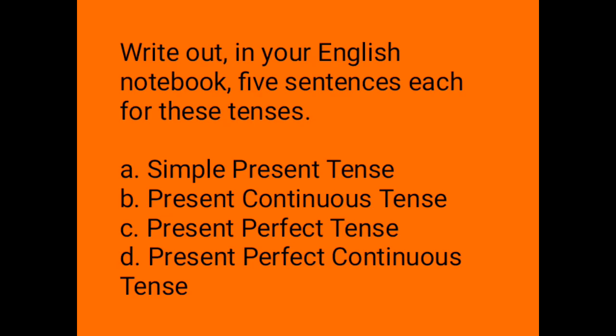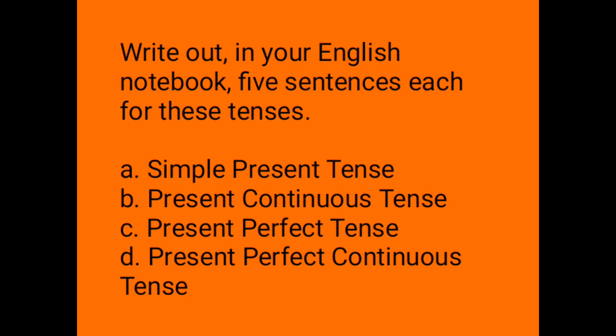Now, we have an evaluation to do. Here is your evaluation for you to know if you are well aware of what you have learned. So, I want you to write out in your English notebook 5 sentences each for these tenses.